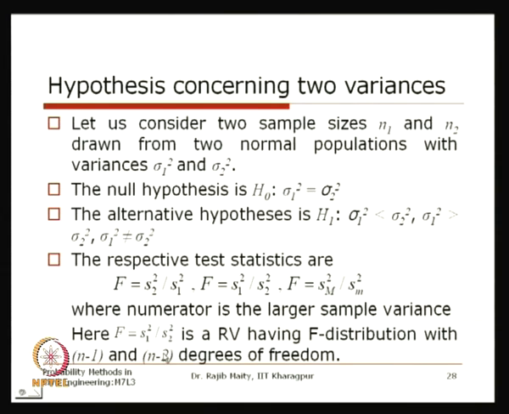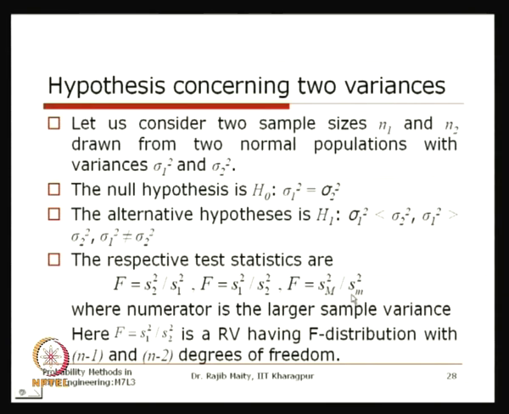Now, if I want to take all these things in a single statement, whatever we are testing, the F statistic that we are calculating should always be greater than 1. That means, in the numerator we always put the greater value, and in the denominator we put the smaller value.